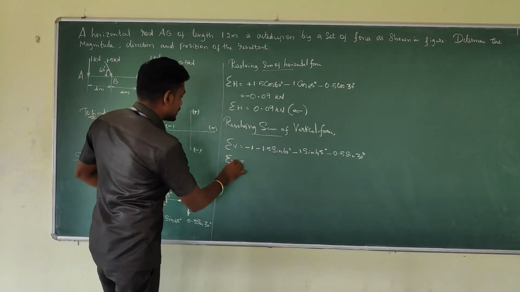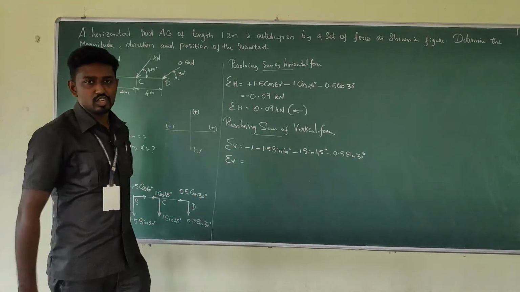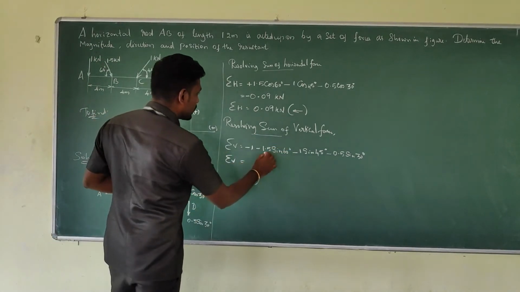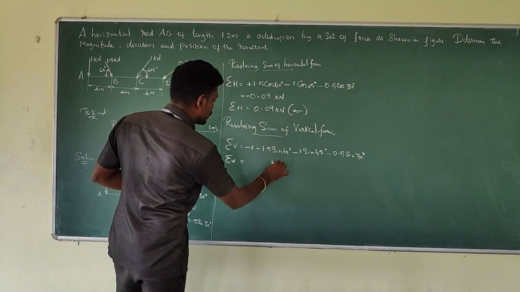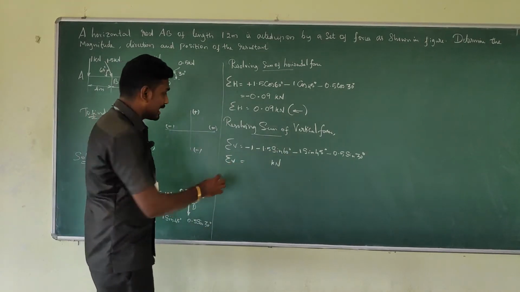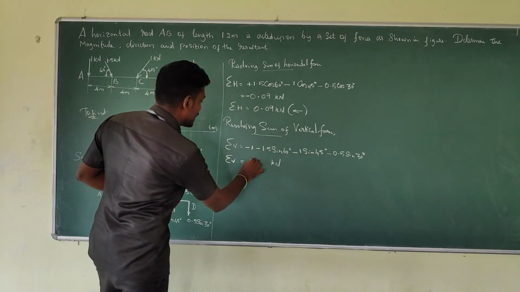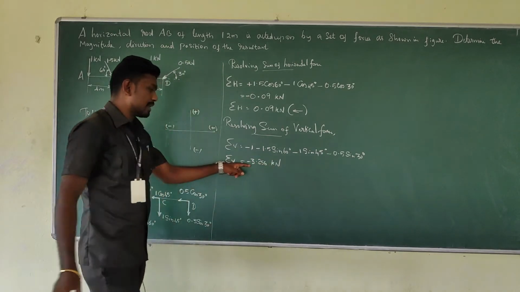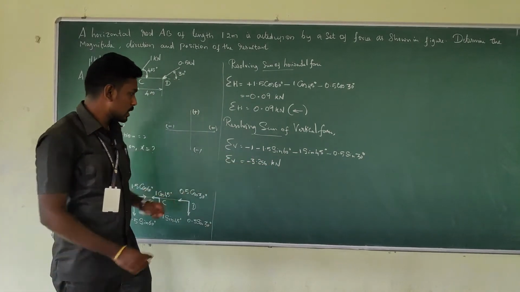Just feed it in your calculator just like this and find out the value. You will get in terms of kilonewton the magnitude as minus 3.256.